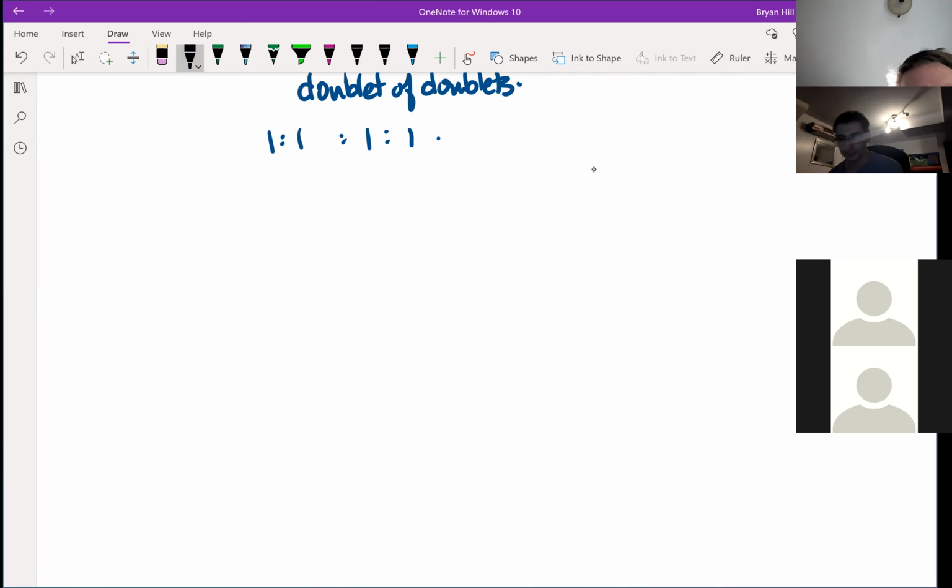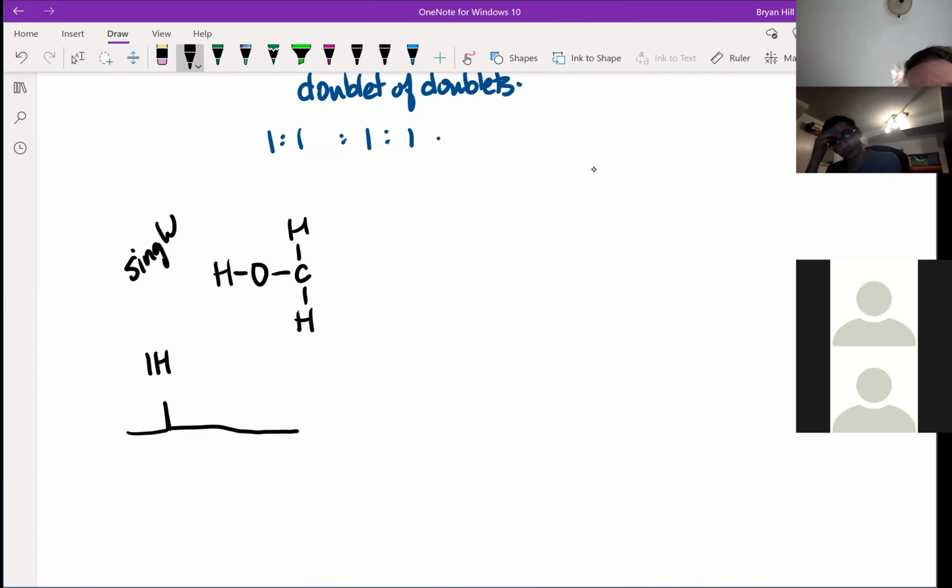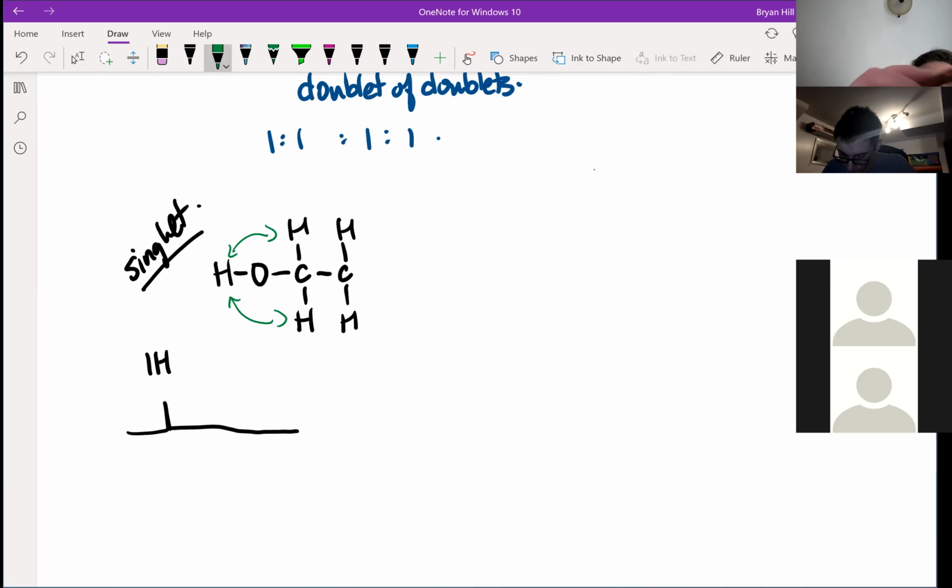There was a peak way down here at 1H that represented the hydroxyl proton, and it came out as a singlet, and it didn't couple with the protons that were on the carbon, which we would have expected, because protons on carbons do couple with their neighbors, right?